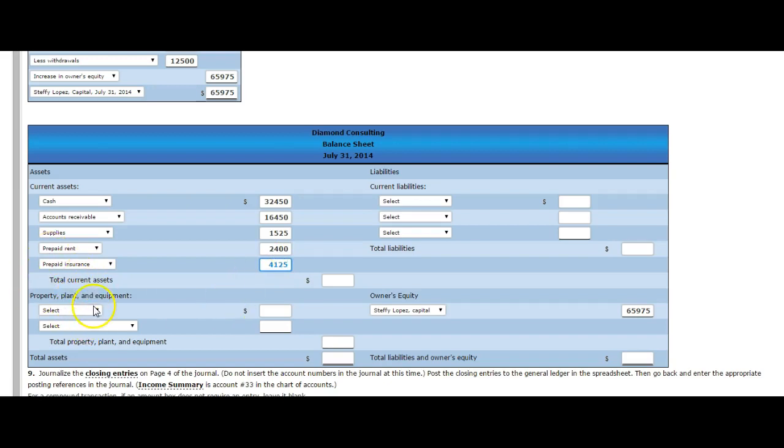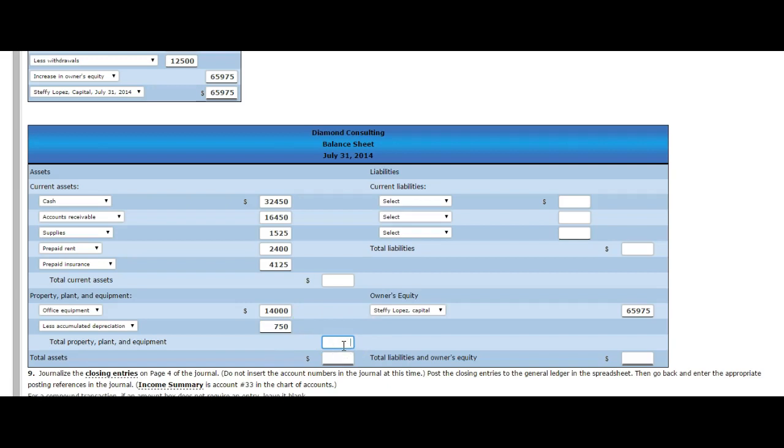Then we hop down, and we're going to look at property, plant, and equipment. These are called long-term or non-current assets. That's going to be office equipment for $14,000, less the accumulated depreciation, which is $750.